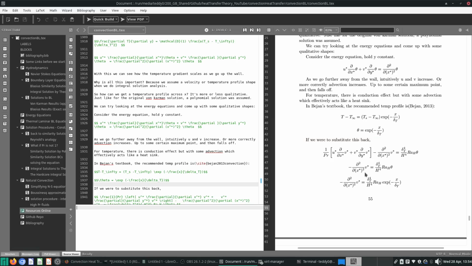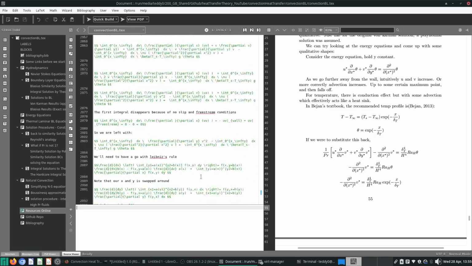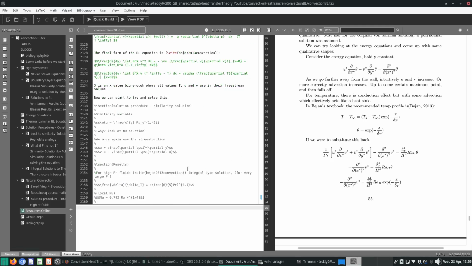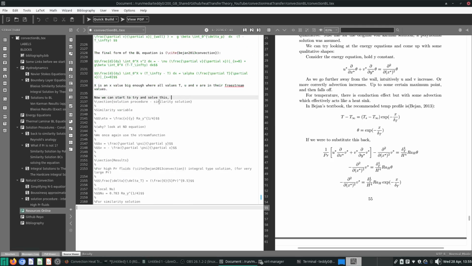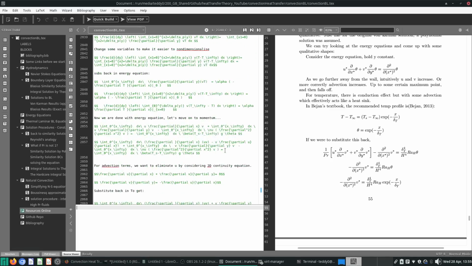So let me just do this: T minus T infinity equals this form. This is the temperature profile, and of course the velocity profile is a lot more complicated.